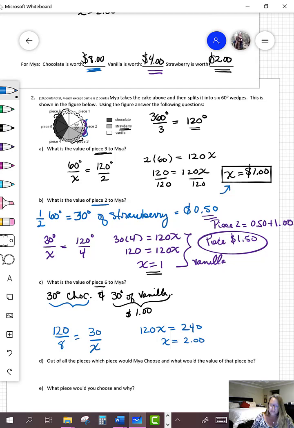So the 30 degrees of the chocolate in Maya's eyes is worth $2. So we have the $2 plus the $1, which gives us $3. So piece 6 is equal to, like we said, the $2 plus the $1, which is equal to $3.